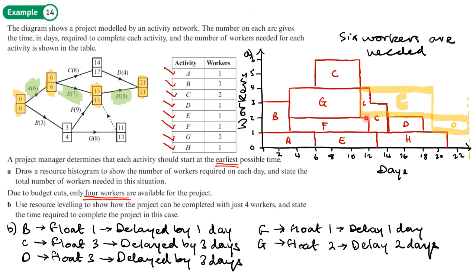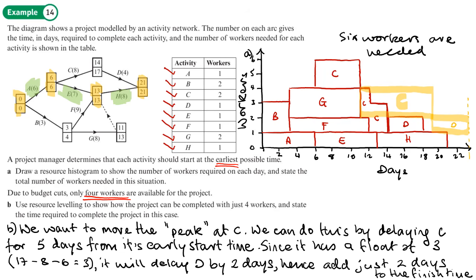So what we want to do is explain what we've done in words. So we want to move the peak, that's here, at C. We can do this by delaying C for 5 days. You can see it delayed for 5 days and starting here at day 11 from its early start time. Its early start time was 6.